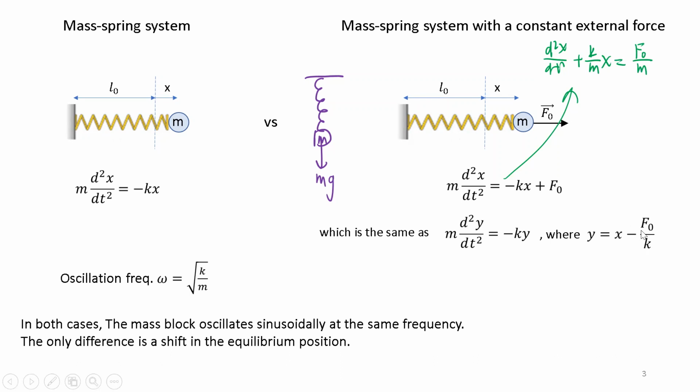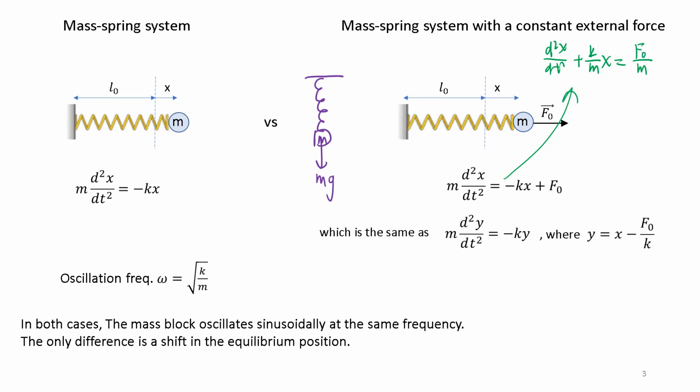If you don't want to do the variable change, you know that the general solution is a sum of two parts: the complementary solution and the particular solution. The complementary solution of this equation is exactly the general solution of this equation, so that's why you get the same oscillation behavior. And the particular solution will just be a constant, because the right-hand side is just a constant.